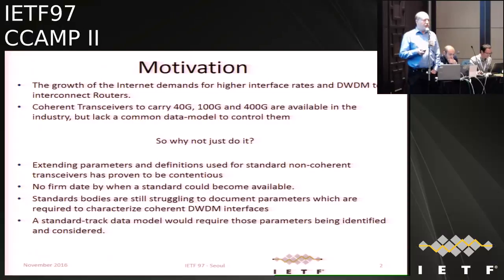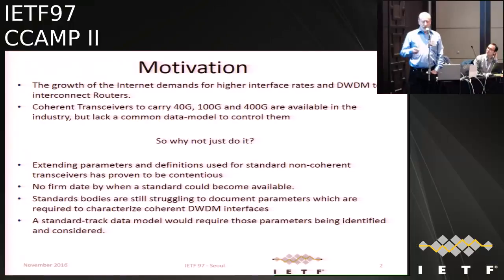There had been a lot of discussion between different standardization organizations on what to do first. So we first tried to say, okay, let's use what is existing in standards, which is basically for 10 gig interfaces, and extend it for 100 gig transceivers. But that has proven to be contentious because, rightly so, other standardization organizations say, well, we don't know if this is going to work because they are still working on it.